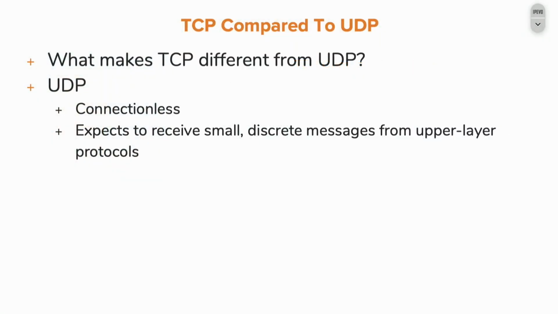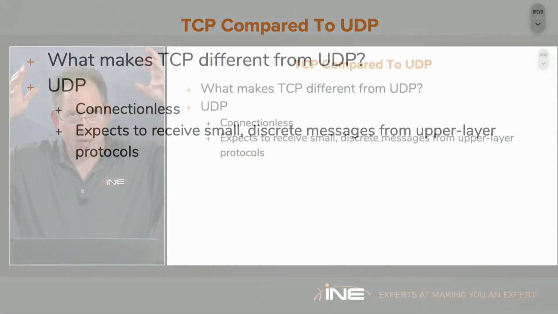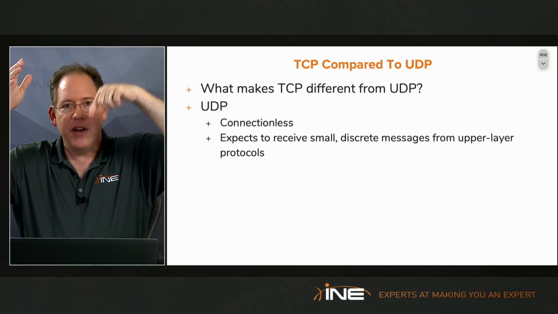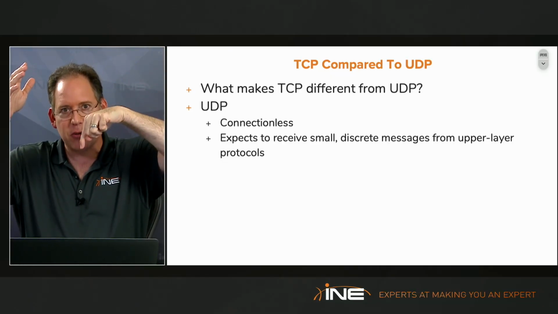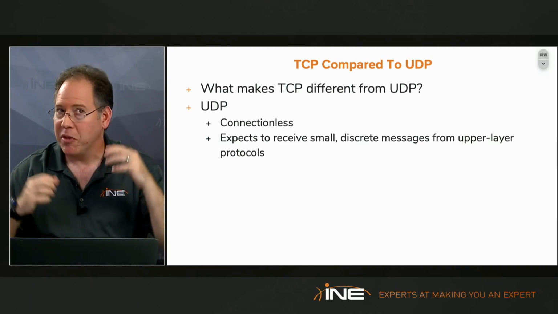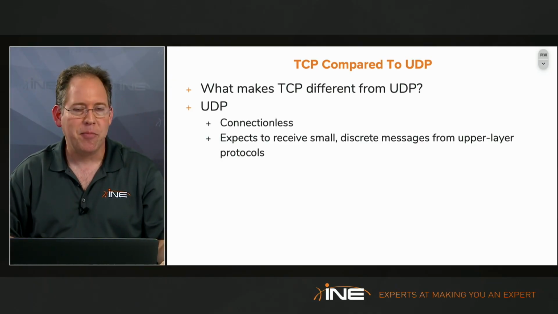Also, UDP expects to receive data from the upper layers in small, discrete messages. If we have an upper layer application that was designed to send a constant stream of never-ending data downstream to layer 4 of the OSI model, the transport layer, UDP can't really handle that.